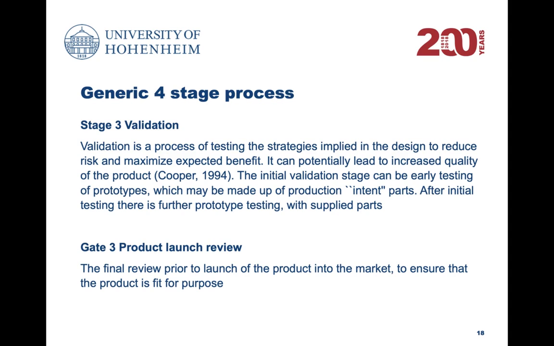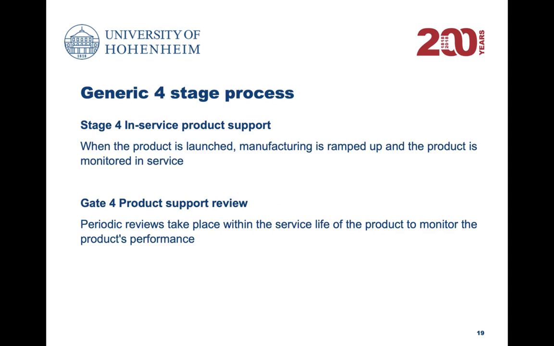In the review, you review the validation phase and look at whether the product launch is really something that you want to go for. And the fourth stage, in service product support, so whenever you have the product launched and the manufacturing is increased, you have started manufacturing, the numbers you produce are ramped up, the product is monitored as it is, in its existence.